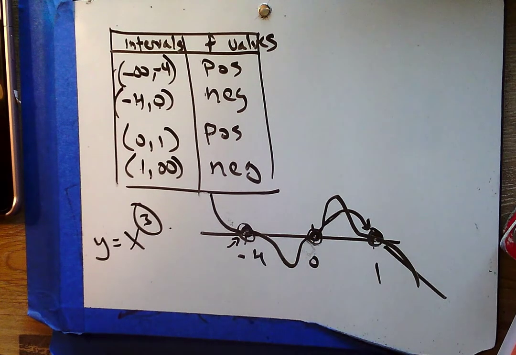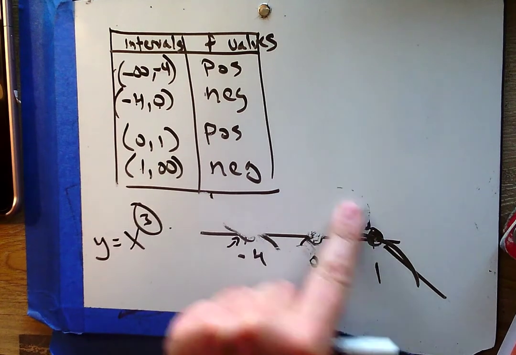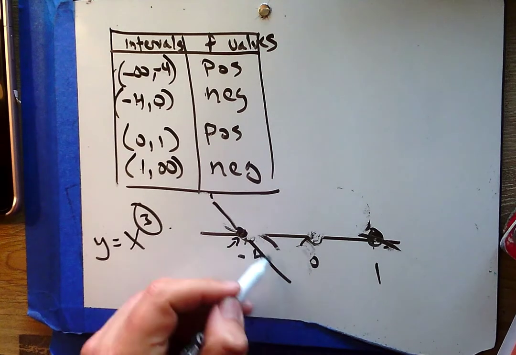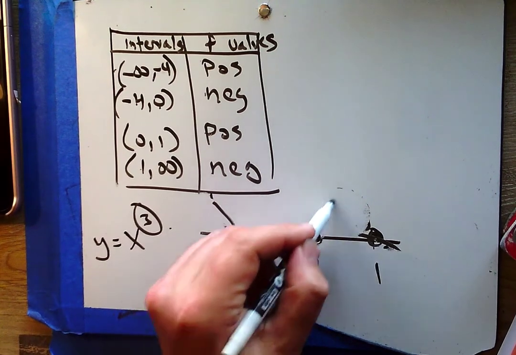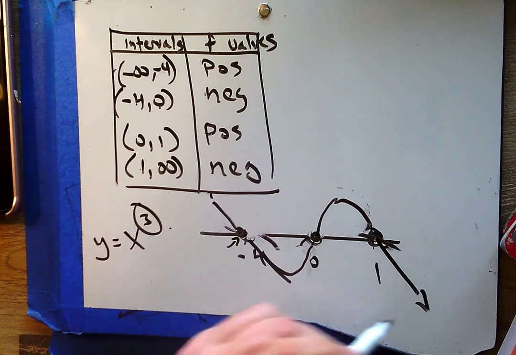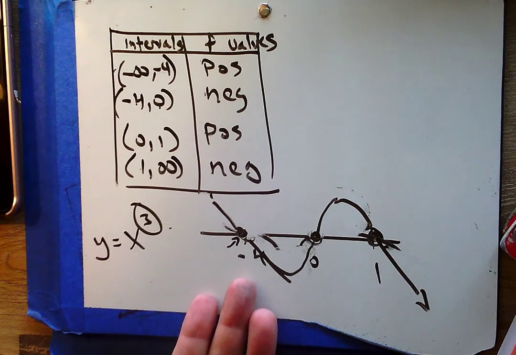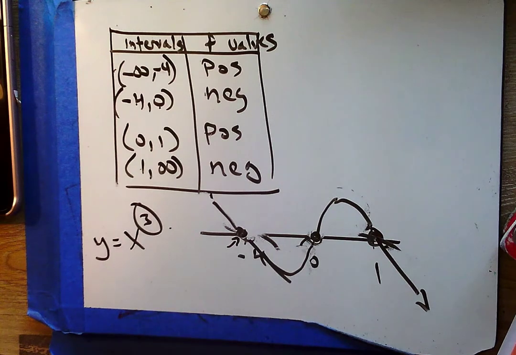So I could have higher degrees, but I think the least possible degree is 1 x-intercept, 2 x-intercepts, 3 x-intercepts, so third degree. Okay, and the leading coefficient, is this a positive leading coefficient or a negative leading coefficient?